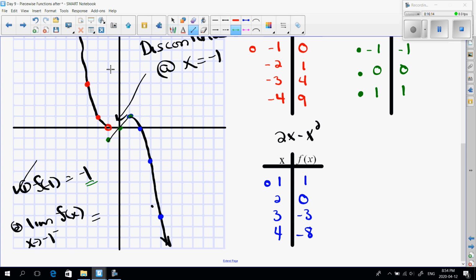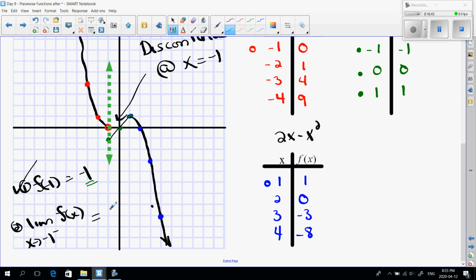So I'll put up my little straight edge here at -1. When I approach -1 from the left, so here's -1, there's an x value of -1. The left side would be this red portion of the curve. When I arrive at an x value of -1, what height did I arrive at? What's the height right here? Okay, that height would be 0. So the left-hand limit is 0.